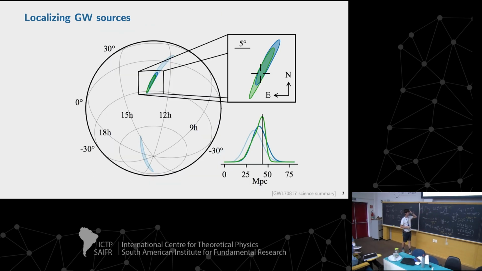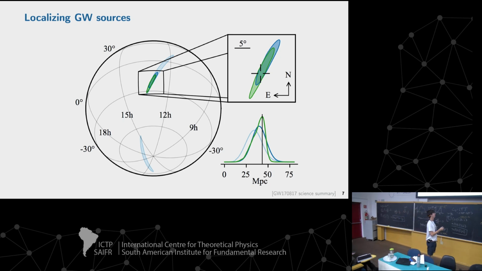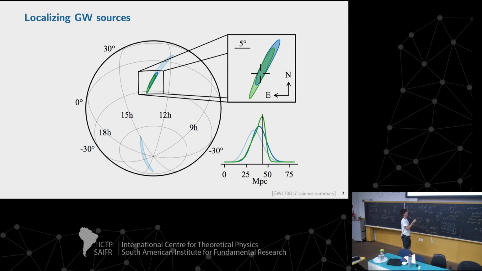So this is for the sky localization of the binary neutron star event. This is to emphasize something that I said already in the colloquium: in this case, the blue is what was found with the two LIGO detectors, but thanks to the fact that Virgo was online, the sky localization was reduced to this green area.